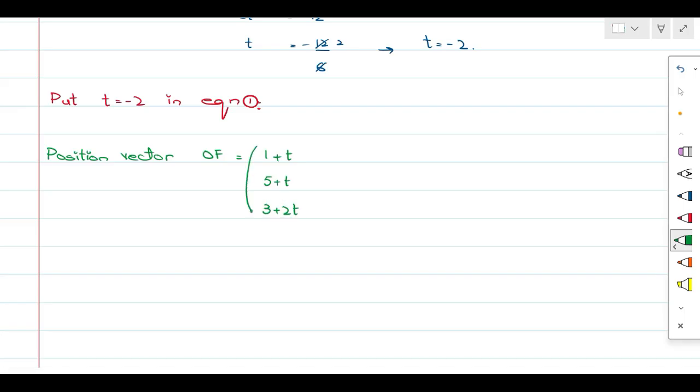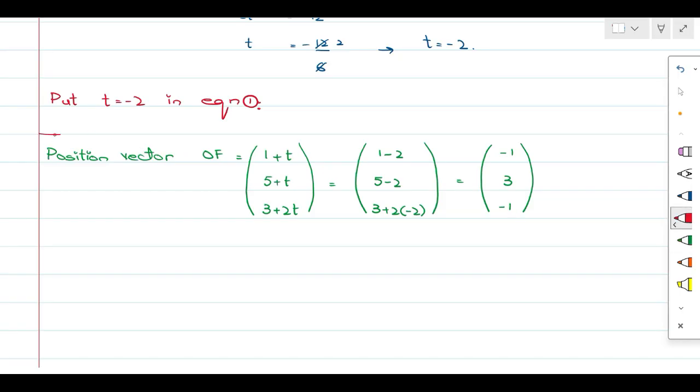So just substitute the t value, which is negative 2: 1 minus 2, 5 minus 2, 3 plus 2 times minus 2. That equals 1 minus 2 is minus 1, 5 take away 2 is 3, and 2 times 2 is 4, negative 4, and positive 3 is negative 1. So this is the position vector OF.